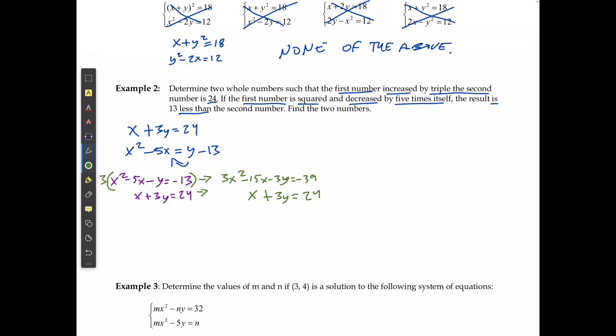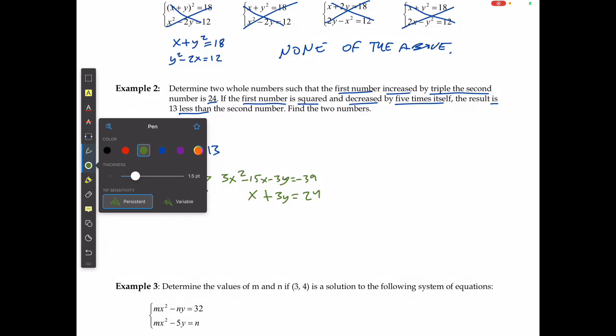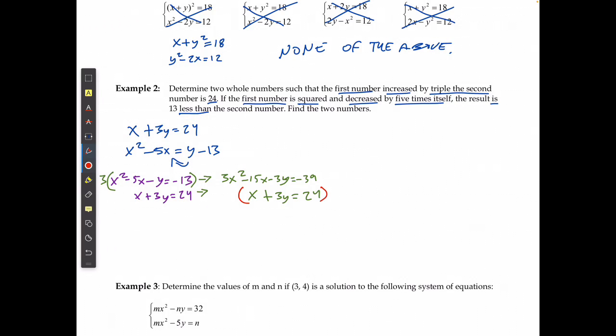Now, because the y's have the same coefficient but opposite signs, in order to eliminate, I have to add the equations together to get them to cancel out. So I'm going to wind up with 3x squared minus 14x, the y's will cancel out, and negative 39 plus 24 is going to leave me with negative 15.